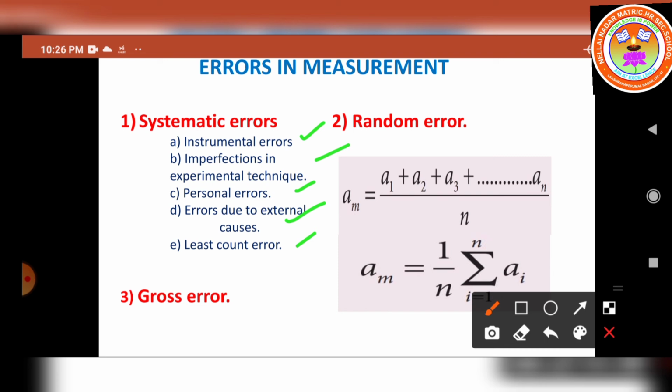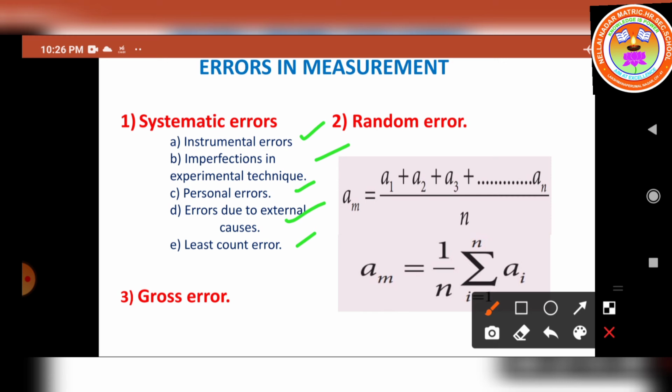So the random errors are sometimes called chance error. When you have to do the experiment, different readings are obtained by a person every time he repeats the experiment, personal errors occur.